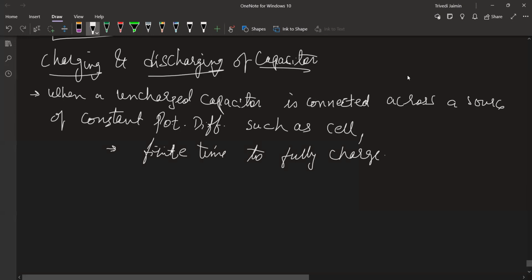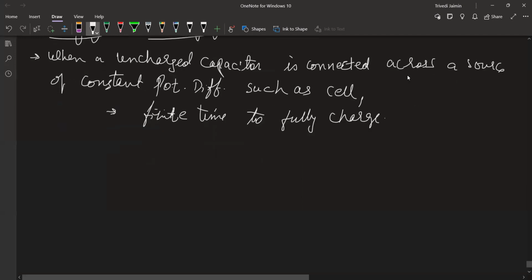Obviously this time interval will be very, very small. It will be instantly charged, because that is its work, to get instantly charged and instantly discharged. So it will be a little bit of time.